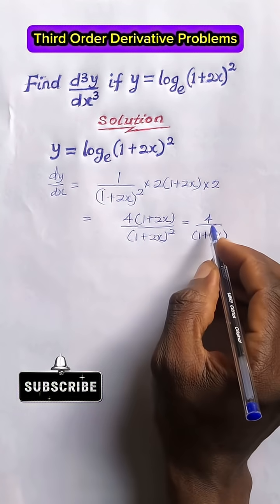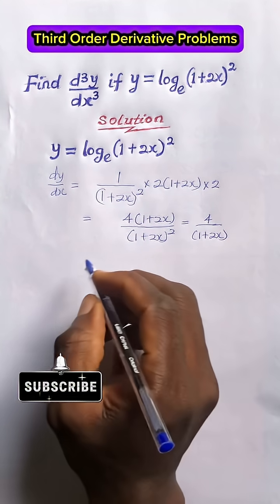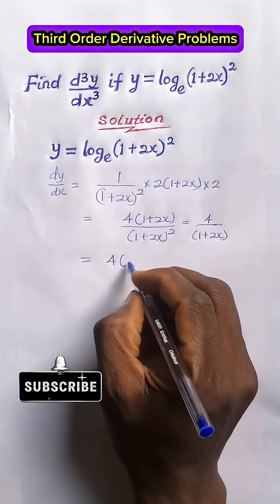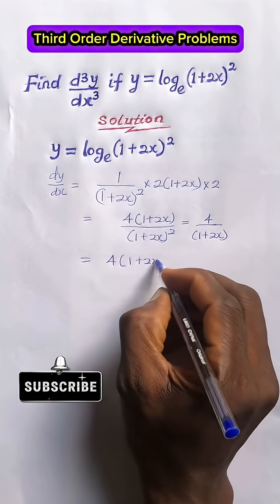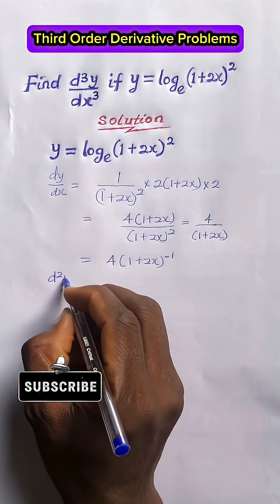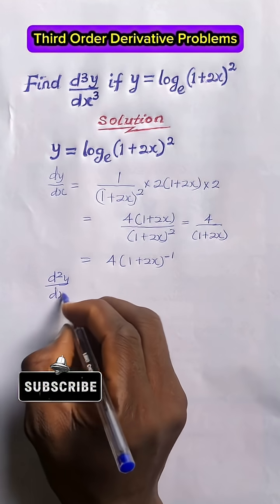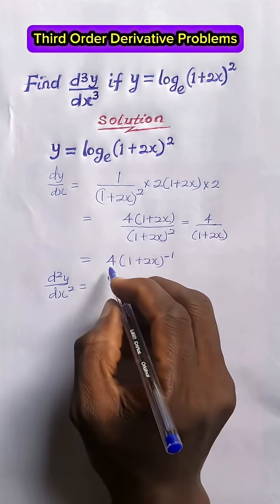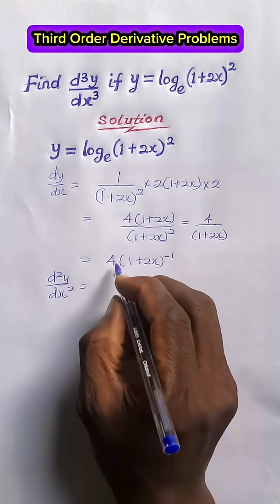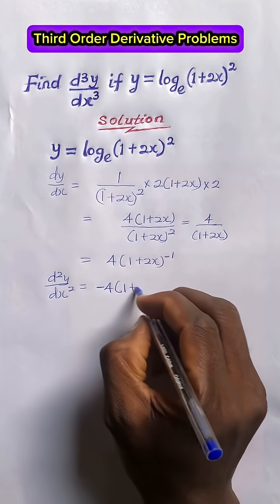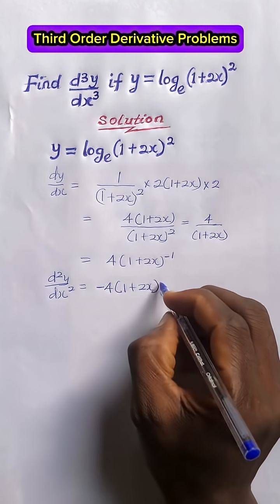Now we're going to convert this to the negative form to make it easier to take the second order derivative. So this becomes 4 into 1 plus 2x all raised to power minus 1. And by taking the second order derivative, we now use the negative sign to multiply by everything. We have minus 1 times 4 becomes minus 4 into 1 plus 2x all raised to power minus 1.